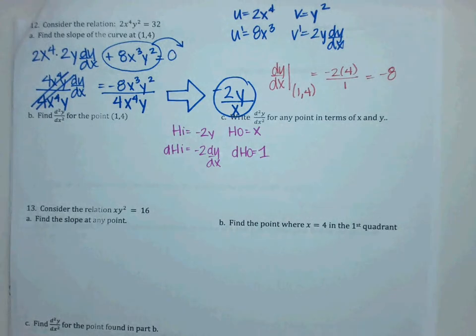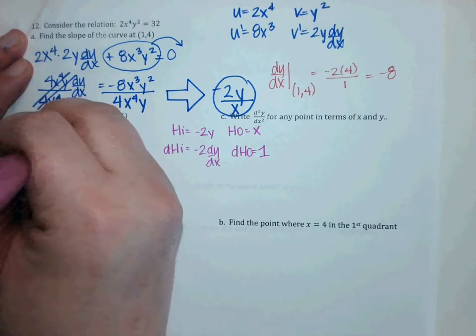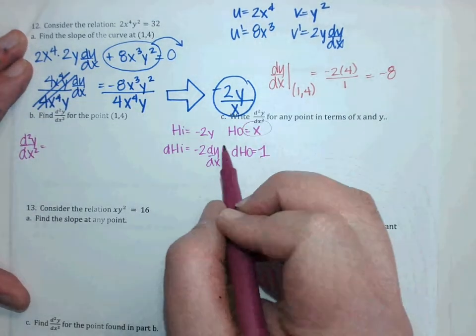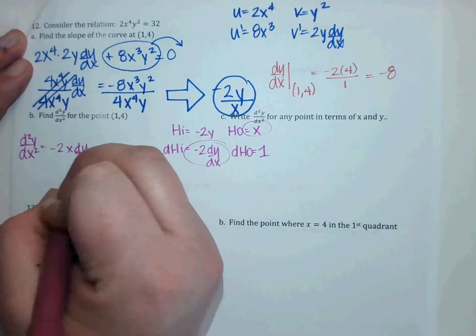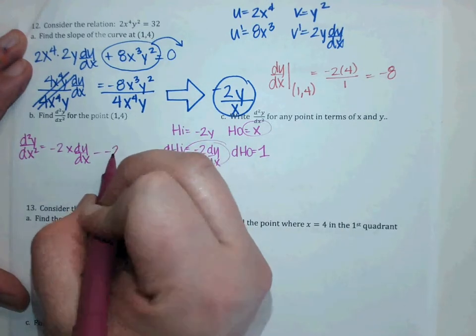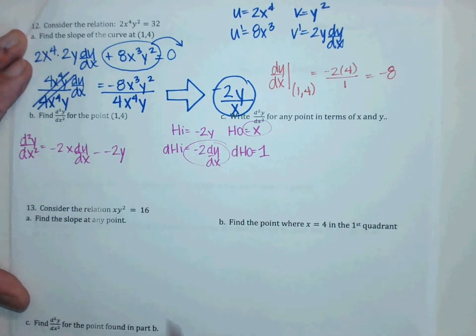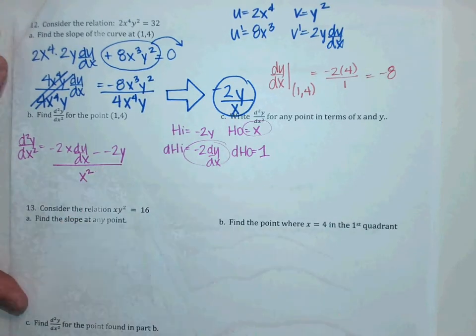From there, we're going to do ho d high minus high d ho. So second derivative, d squared y dx squared equals ho d high, negative 2x dy dx, minus high d ho, which is negative 2y times 1. That's really just a negative 2y. Ho squared is x squared.